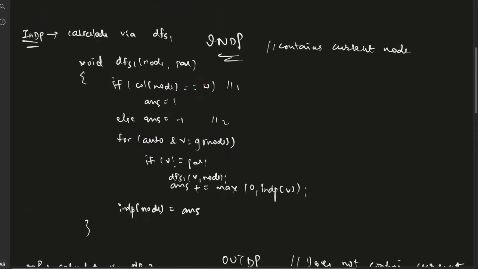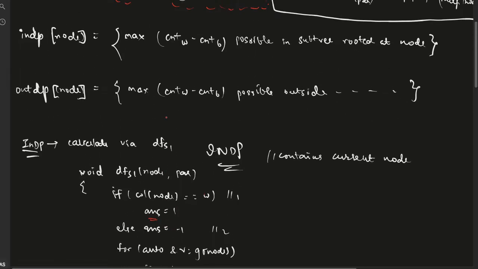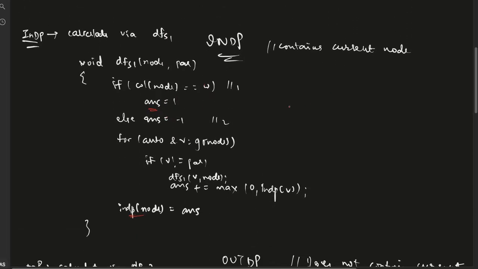If the color of the current node is white, then we'll store in dp of node the value 1, because if we consider only the node in the subtree rooted at node, then the count w minus count b for a singleton tree would be 1. Similarly, if the color is black, then dp of node would be -1.